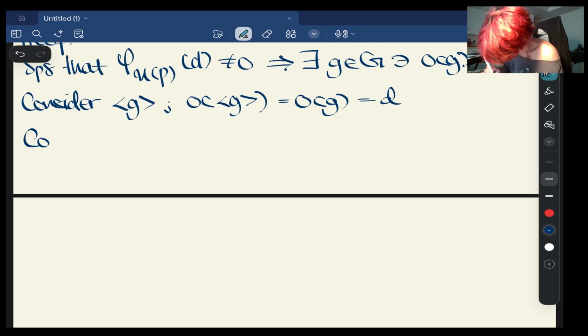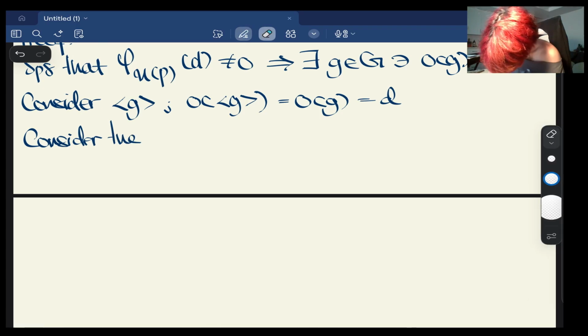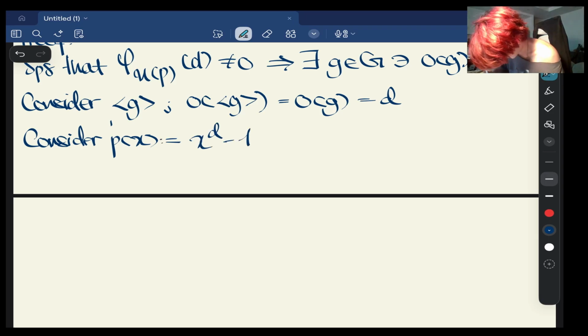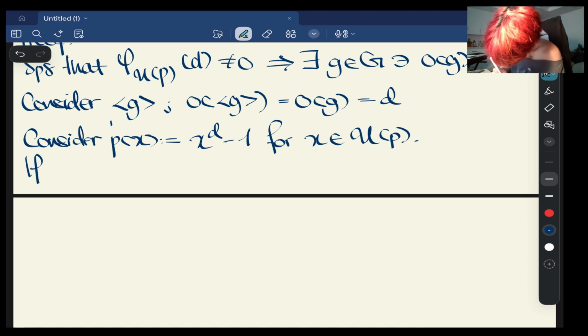Okay, and then now consider the polynomial. Consider p of x, which we shall define to be x^d minus 1 for x in U_p.